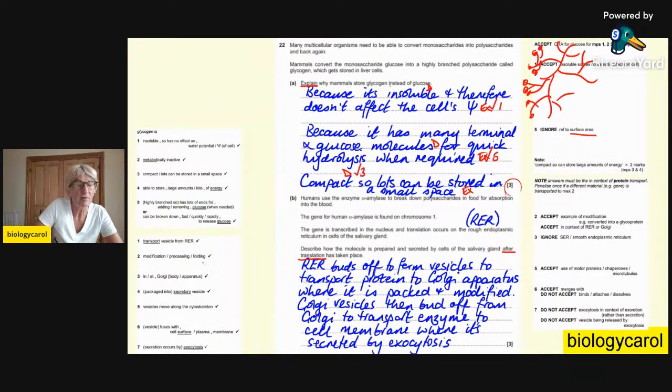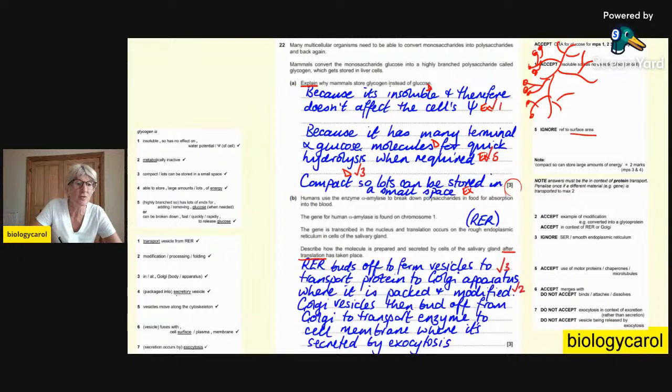To the Golgi apparatus, so that's mark point 3, and here is mark point 2 for modification, processing, or folding. Golgi vesicles then bud off from the Golgi and it is secreted.